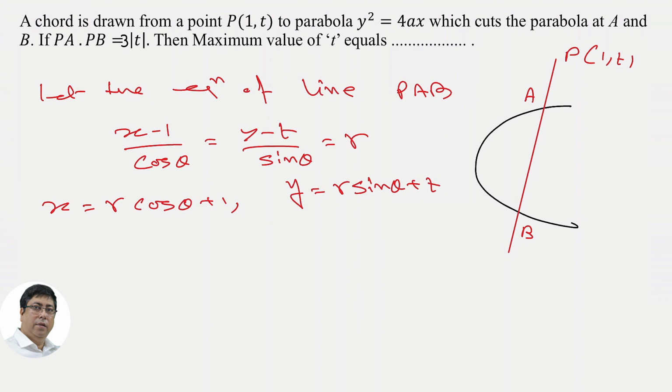So let us solve x and y with the parabola. Therefore, we are getting here, if we put the point, y square equal to 4x, r sin theta plus t whole square equal to 4 into r cos theta plus 1.